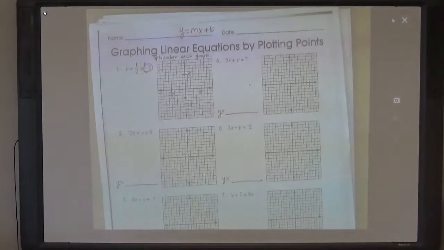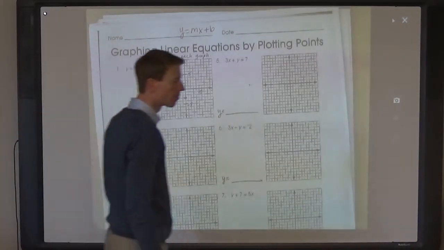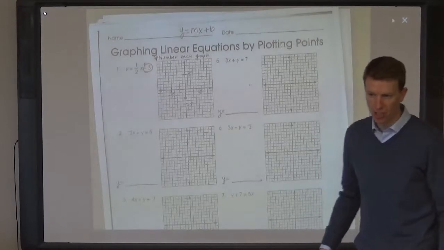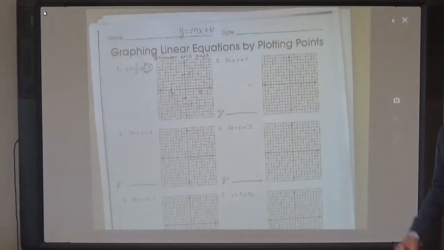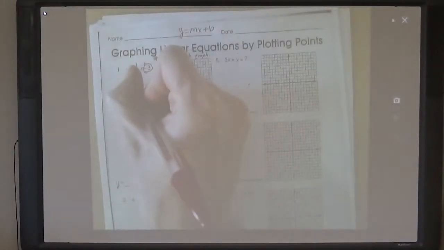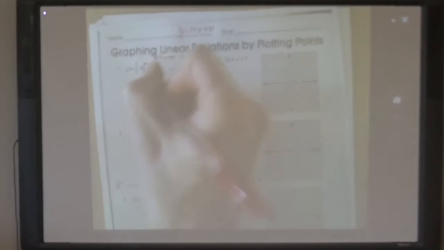Okay, then once you have marked b, then mark the slope. What is the slope in this? What is m? What is the number for m in the equation? Emily? 1/2. Positive 1/2. So from -3 we would go up 1 and right 2.